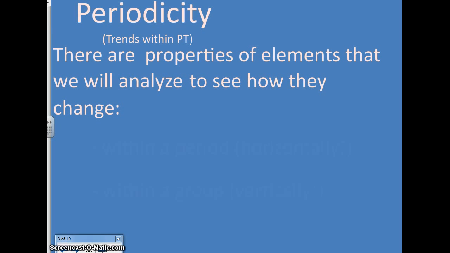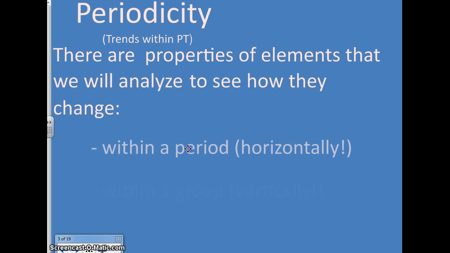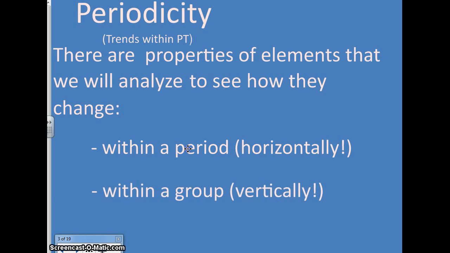Within this periodicity chapter, which is from section 3 of chapter 6, we're going to be studying these properties of the elements, and we're going to analyze how they change in two directions. First, within a period, going left to right horizontally, or within a group as we go top down within a vertical column.